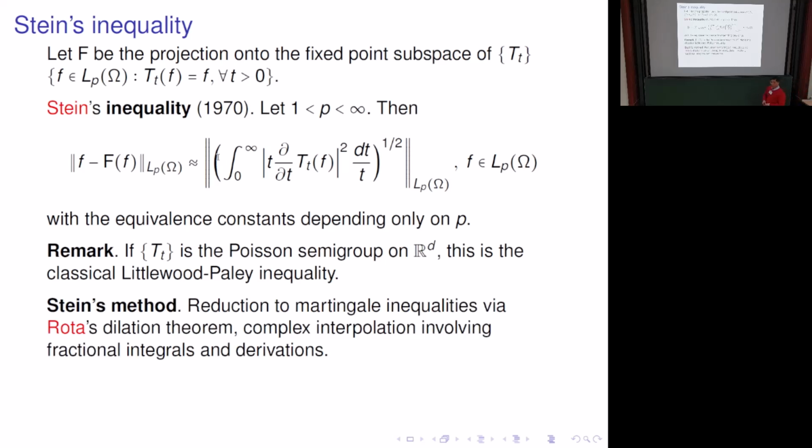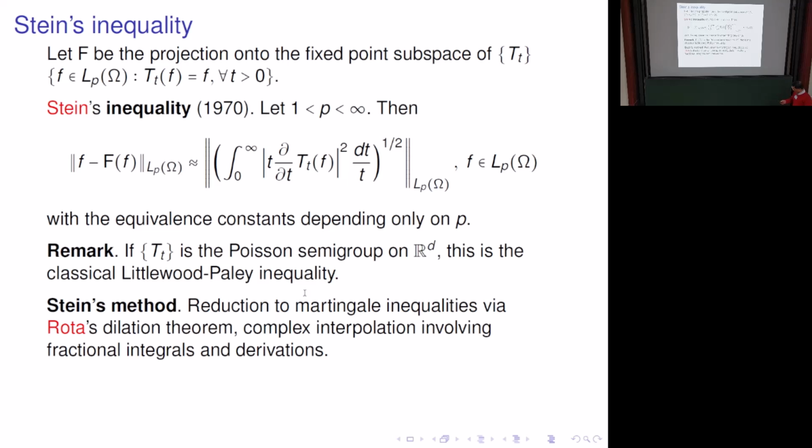And Stein proves, so I just mentioned Stein has a small book, a red book. One of the two main theorems is this one. Okay, the proof is very long and technical. So the main point is that Stein reduced this inequality to a martingale inequality by using the Rota dilation theorem and then some complex interpolation machinery.